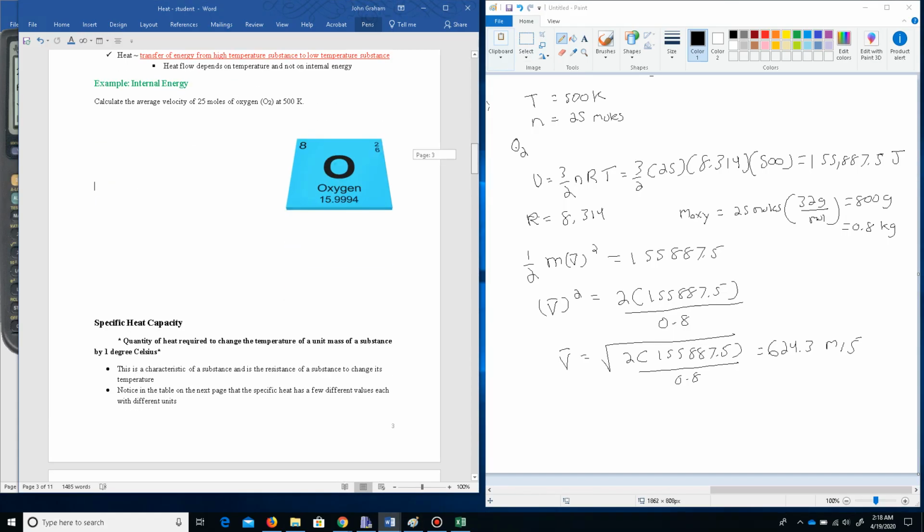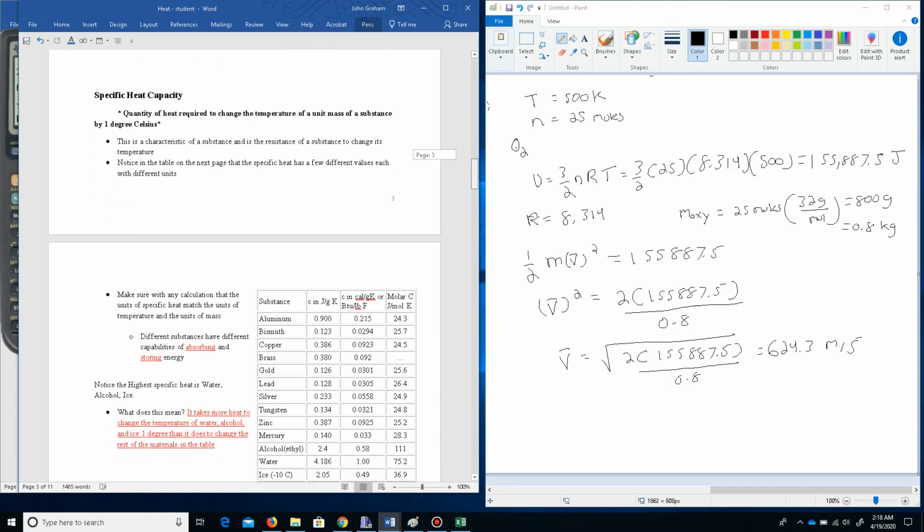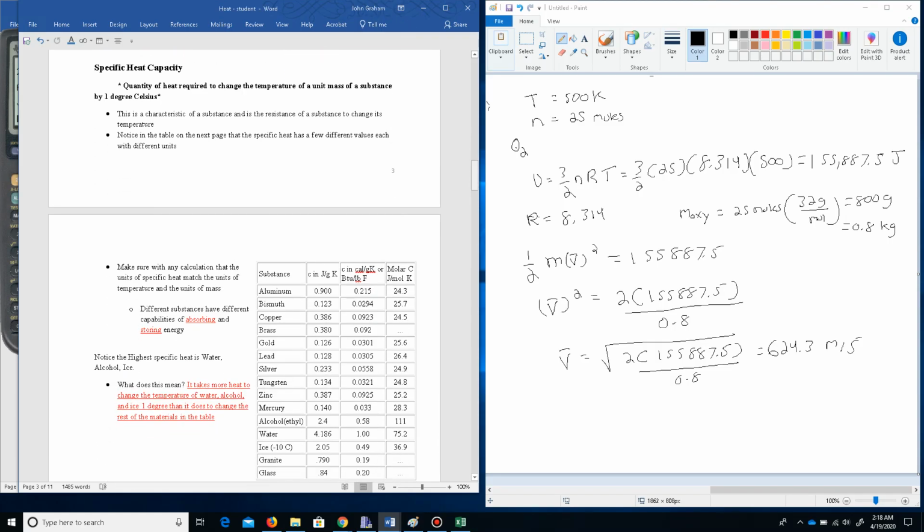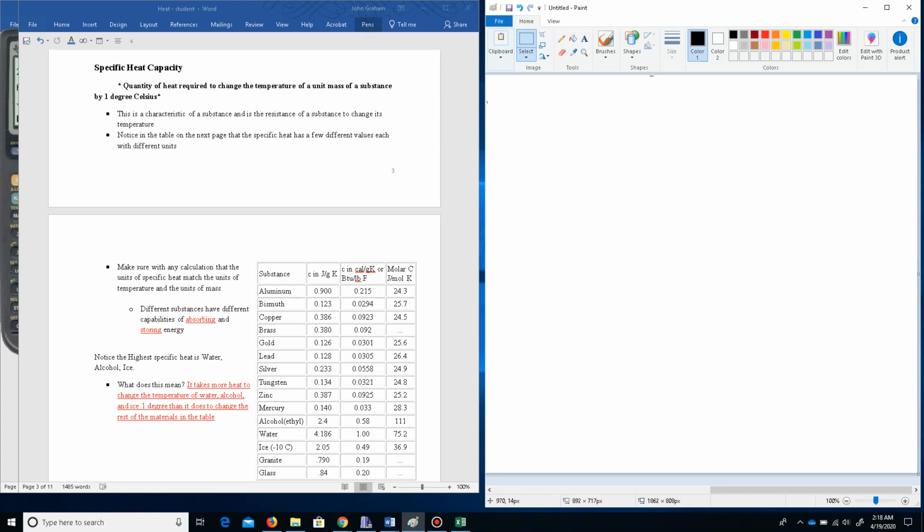The next thing we're going to look at is specific heat. This deals with basically how resistant a substance is to heat change. Specific heat capacity is the quantity of heat required to change the temperature of a unit of mass of a substance by 1 degree.